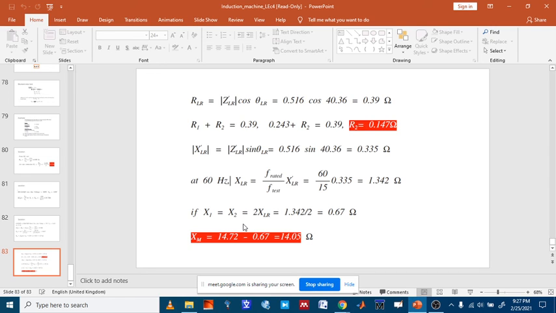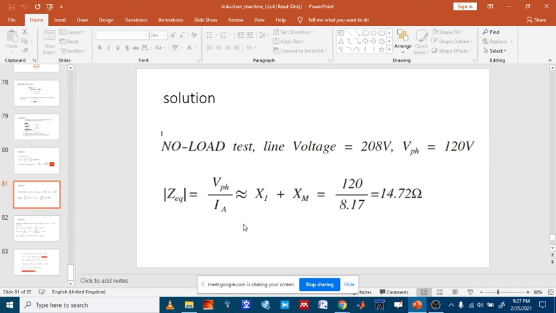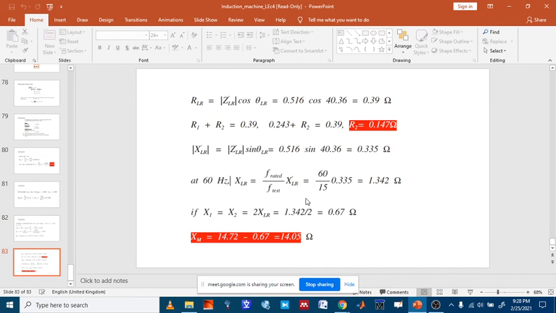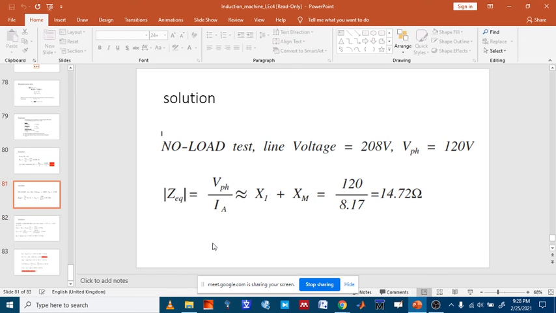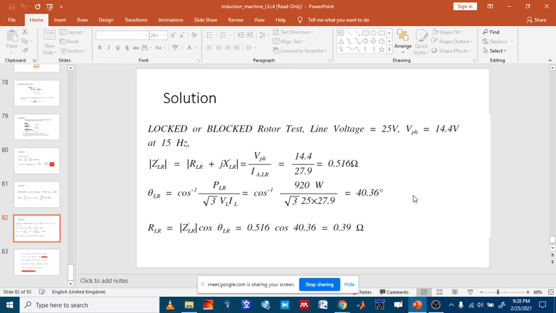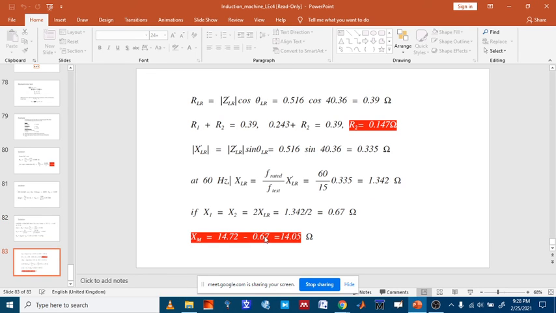But let's look at something. X1 plus XM is the Z equivalent. So we know X1 and we know the Z equivalent. Therefore, from the no load test, we can calculate XM.